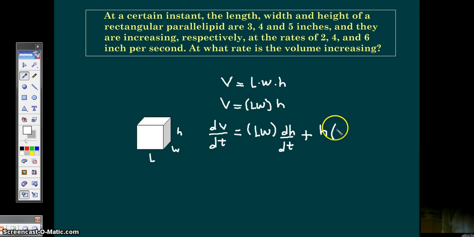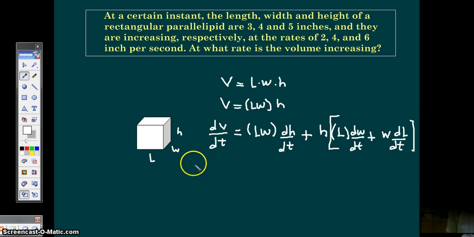Copy L multiplied by the derivative of W, dW over dt, plus copy W and the derivative of L, dL over dt.